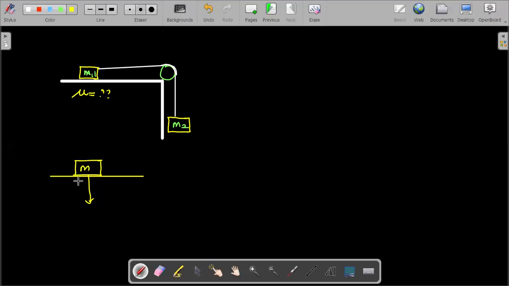This object is going to have a weight of m multiplied by gravity. From Newton's third law of motion, for every action we have an equal and opposite reaction. So on this same surface, we are going to experience a reaction R, which will be equal to mg. That is, the weight is the action here, having a magnitude mg. The reaction also will have a magnitude mg.